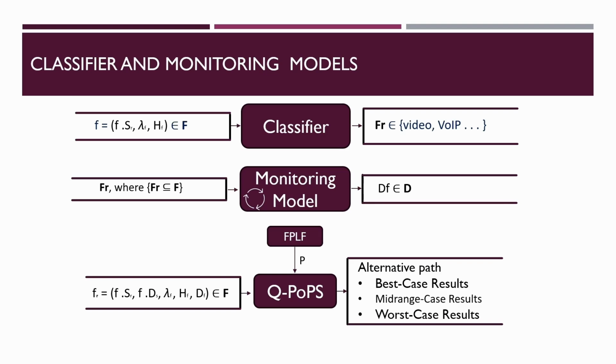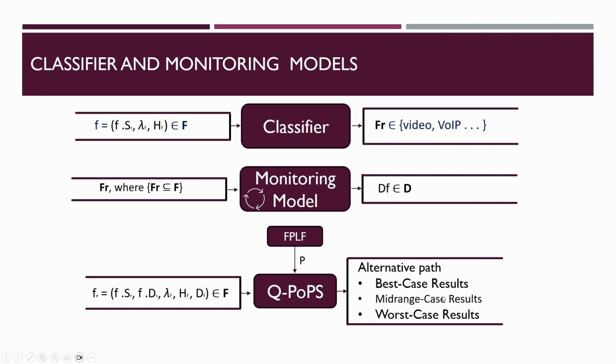Then the monitoring module periodically measures the delay time of real-time flows. If the delay exceeds the threshold, in our case 75 milliseconds, the monitoring module triggers a delay event. This event prompts our proposed algorithm, QoS, to evaluate all available and active installed paths to find suitable alternative paths that conserve power while meeting the real-time traffic requirement.